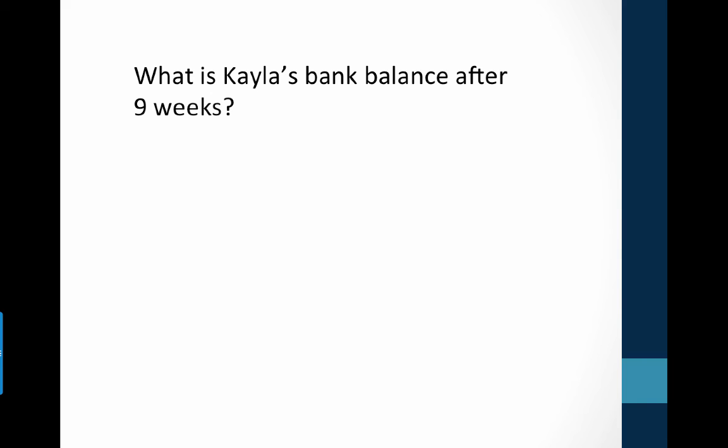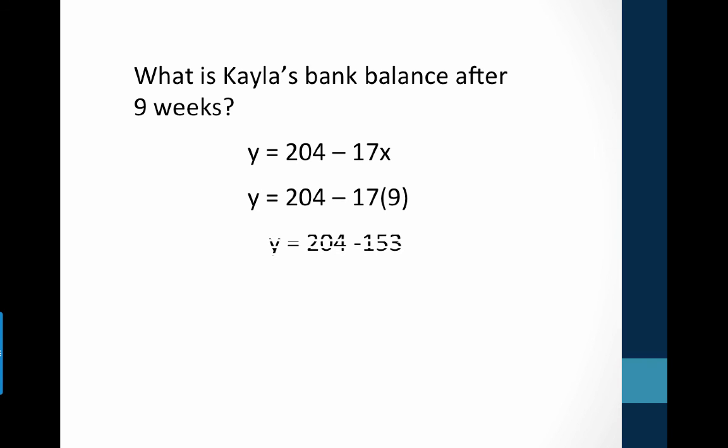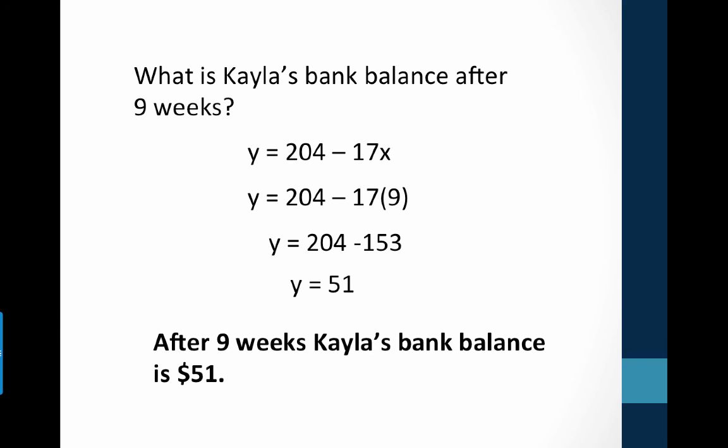So I'm going to put 9 in for x in my equation. Therefore, I get 204 minus 153. So y is equal to 51. That would mean that after 9 weeks, Kayla has $51 in her bank account.